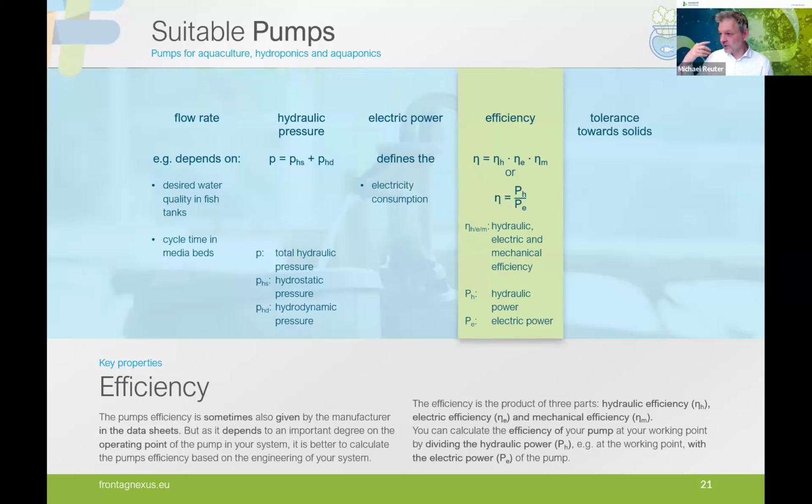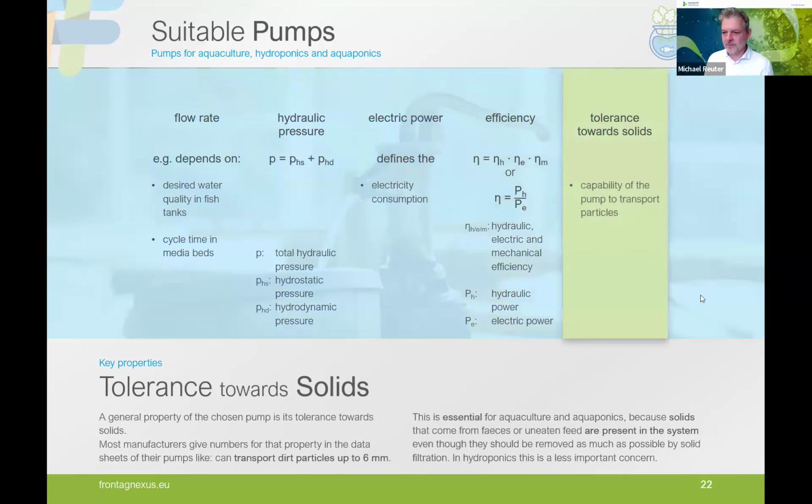So what we usually do is that we look at the hydraulic power of our pump, so the amount of power that is actually transferred to the water compared to the electric power. And if we divide these two, we get the efficiency of the pump too. We will look at this in our example later too.